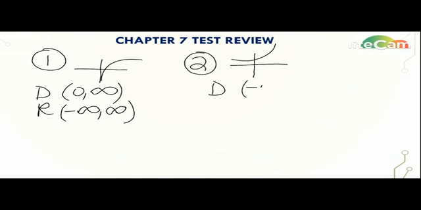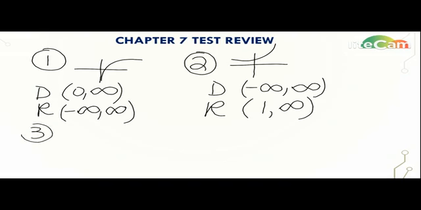For number 2, the domain is where it's going forever in both directions. So the domain is going to be negative infinity, positive infinity, but the range is different because it has an asymptote when it was shifted up 1. Notice that it's not equal to 1. Notice that there's a parenthesis for the 1, which means that it's not equal to, it just basically starts right after the 1. Okay?